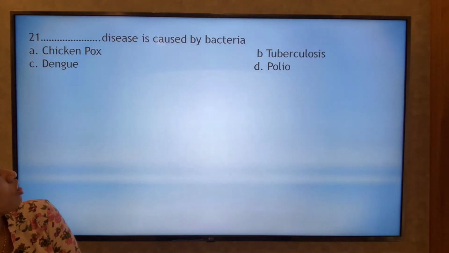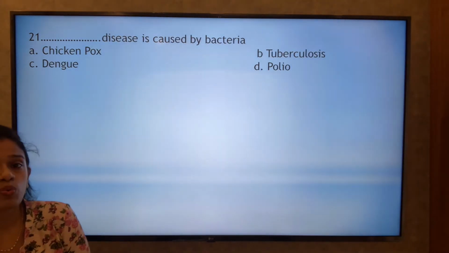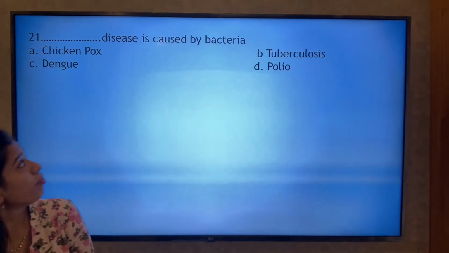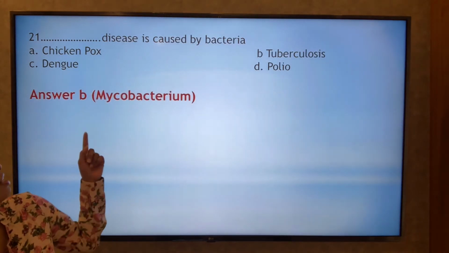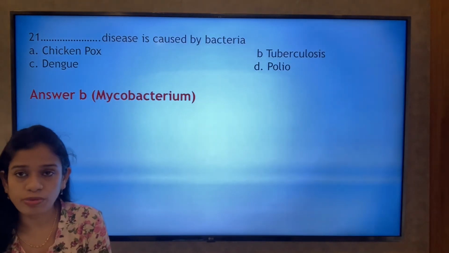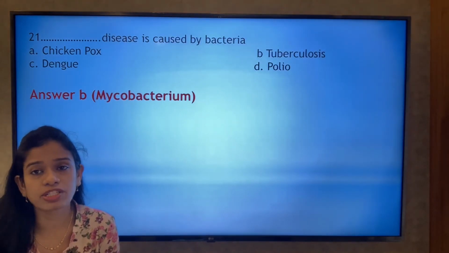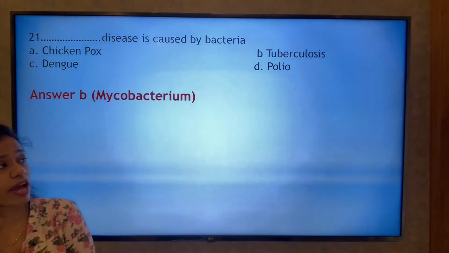Which disease is caused by bacteria: chickenpox, tuberculosis, dengue or polio? The correct answer is B, tuberculosis. Tuberculosis is caused by bacteria, and the name of the bacteria which causes it is Mycobacterium.